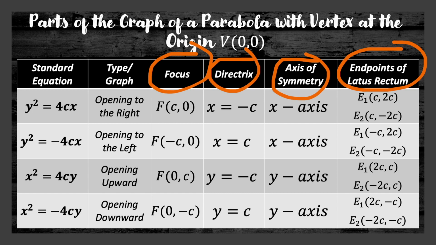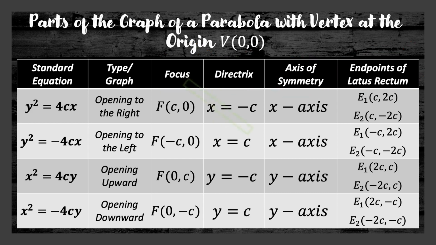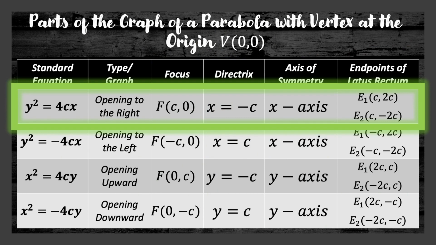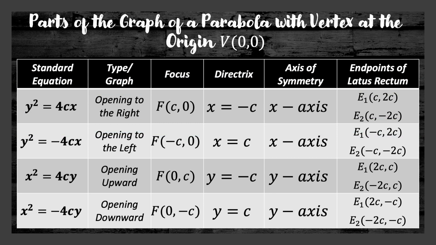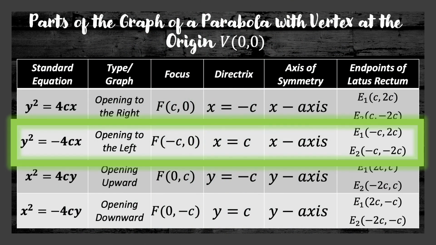This table summarizes the formulas we need. Here are the formulas for a parabola that opens to the right with the standard equation y squared equals 4cx. These are the formulas we need to sketch a parabola that opens to the left and is represented by the standard equation y squared equals negative 4cx.